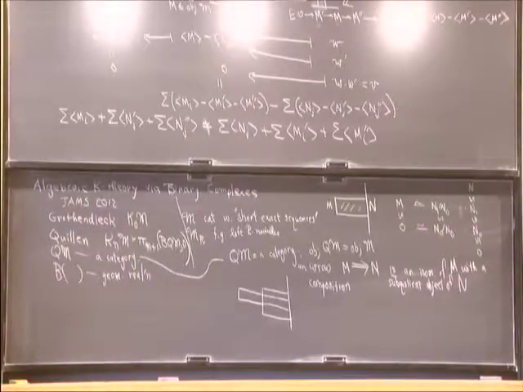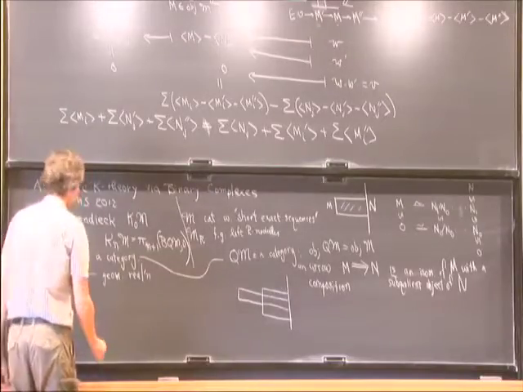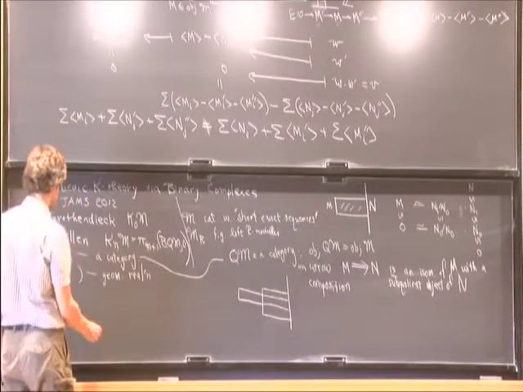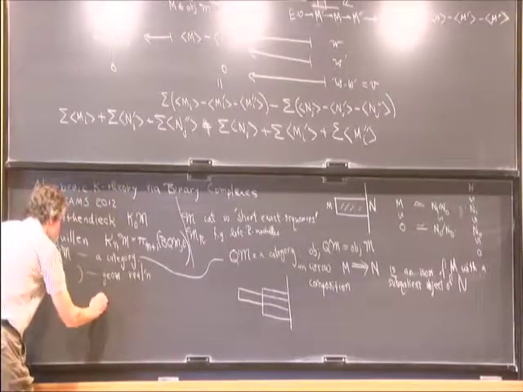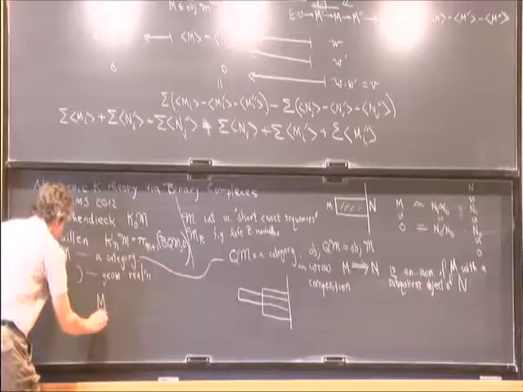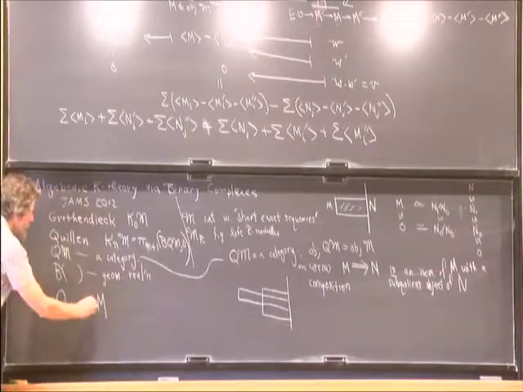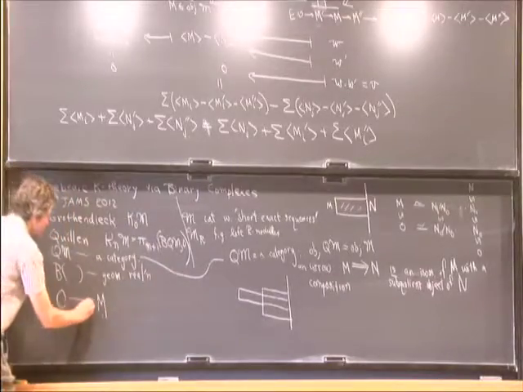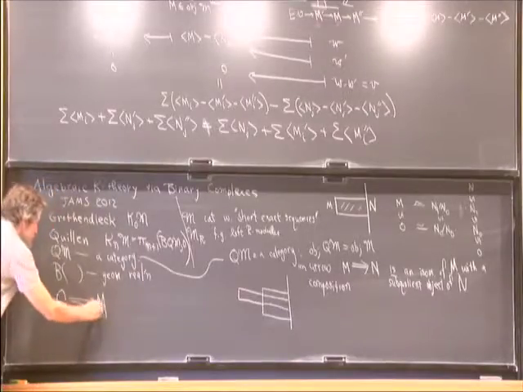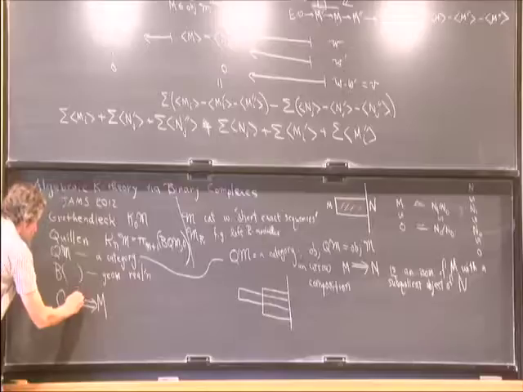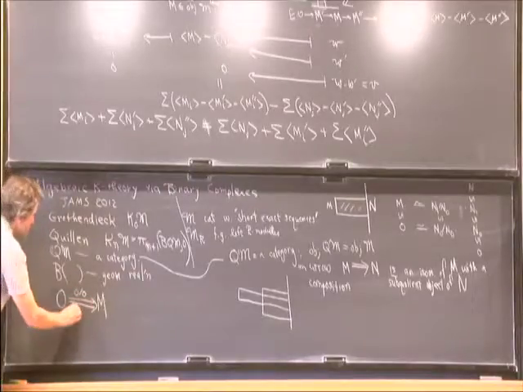And then there's some arrows lying around that we can use. So for example, there are two ways to think of 0 as a subquotient object of any object M. One way is that it's a subobject. So 0 is, think of the pair of objects as being 0 and 0.